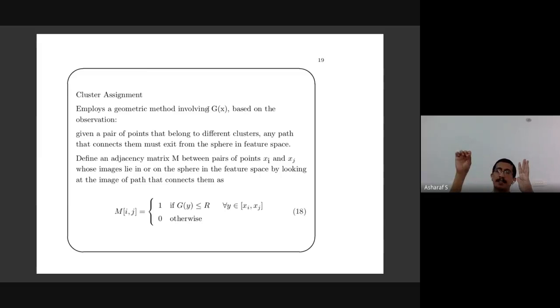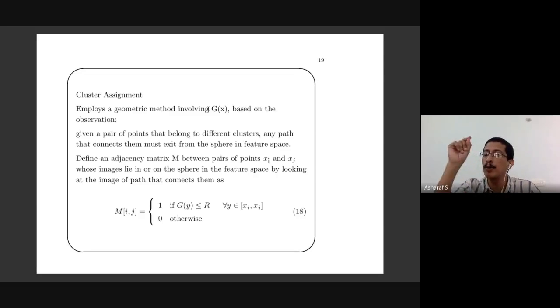If at any of these 100 points g(x) is equal to R, what is the indication? It means that some point between the pair xi and xj is hitting the boundary.